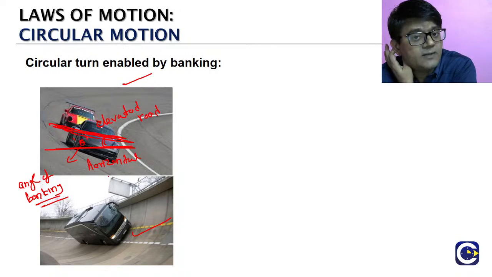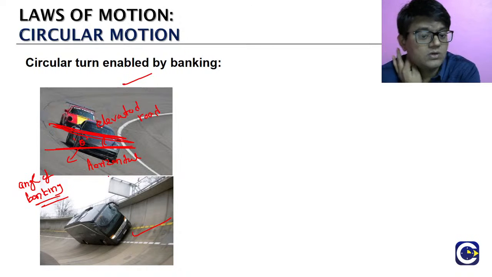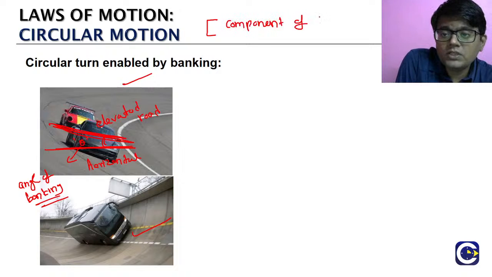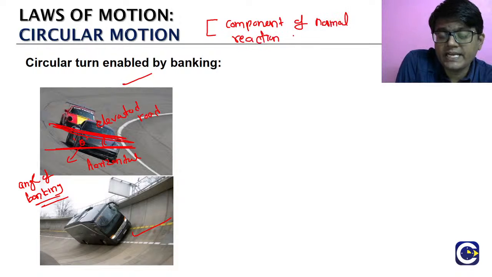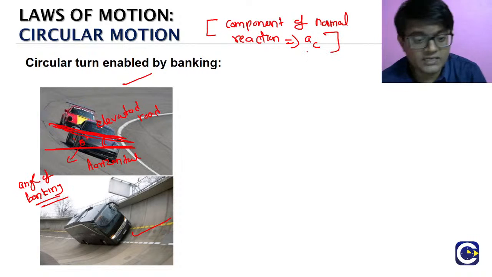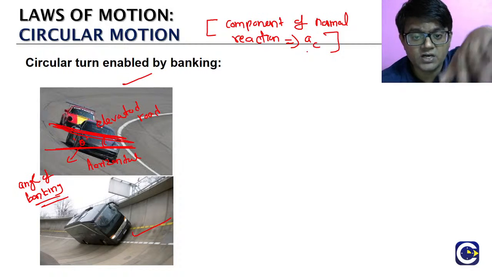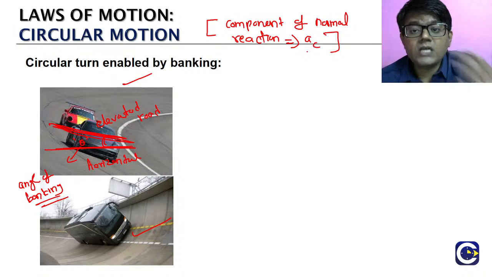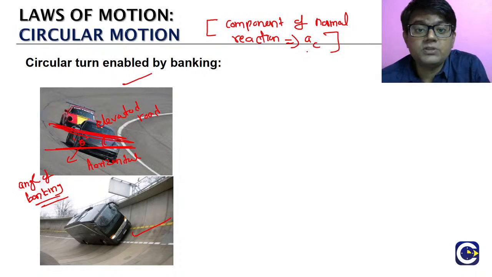Because of this banking or elevation of the road, we will be able to have a component of the normal reaction to support the centripetal acceleration. So because of the lifting or the banking of the road, one component of the normal reaction will support the centripetal acceleration.